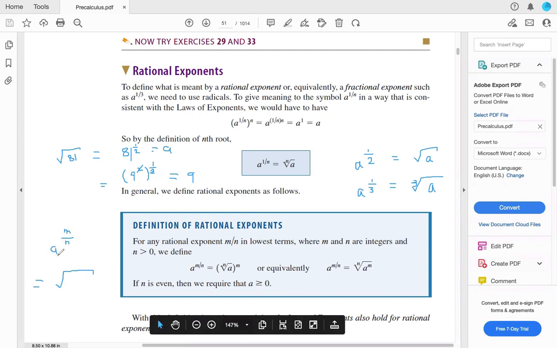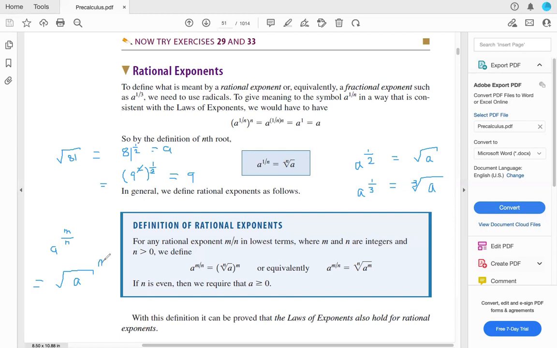Because a is the base, I can put it inside the radical. Where do m and n go? The m appears in the numerator, so it goes as the power on top of the radical. The n belongs to the denominator, which means it's the nth root. So I can rewrite a to the m/n in this format.